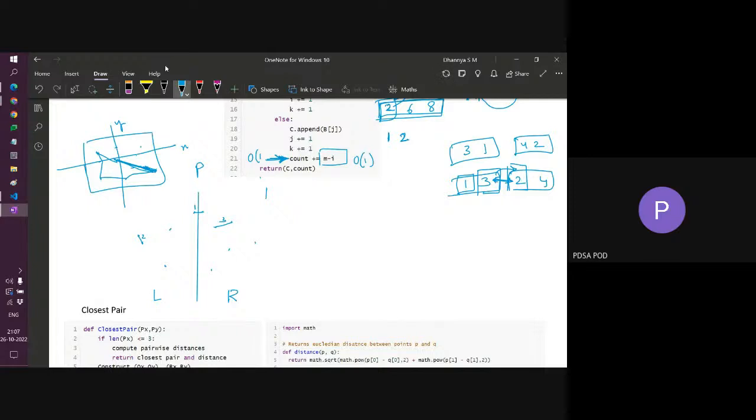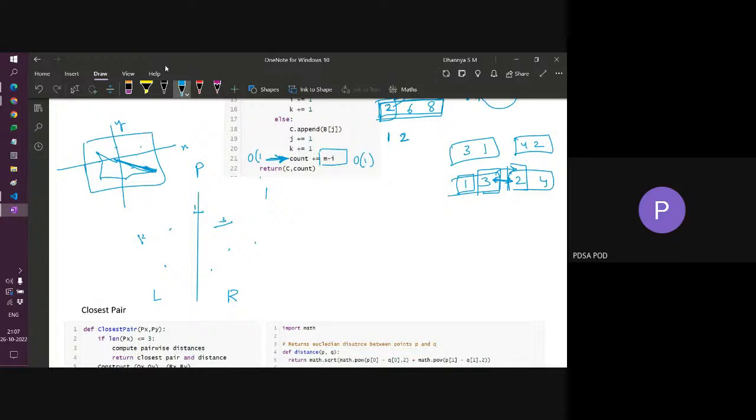That is the idea. Now, what are the challenges here? First of all, we want to find a way to organize and process these points. For that, we do two levels of sorting.